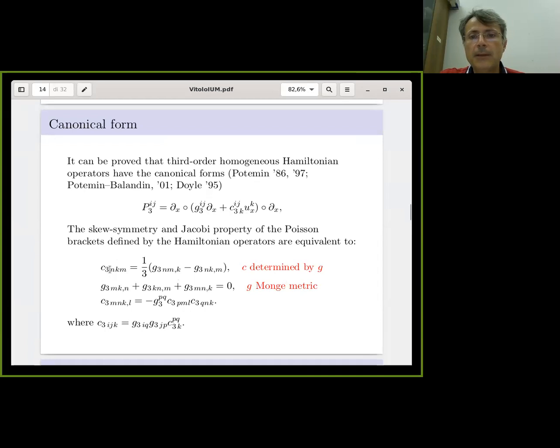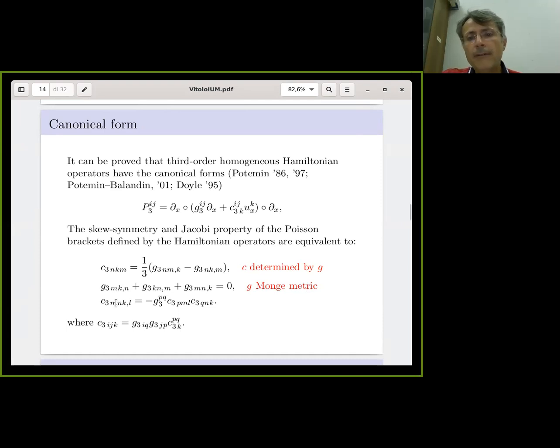You see that C3, you have to rewrite C3 in lower indices through the formula which is on the bottom of the page. And then you have two further properties. One property which says that G is a Monge metric. Monge metric means that it determines a certain algebraic variety, a projective variety, which is very interesting because it means that you have projective geometry in these WDVV equations.